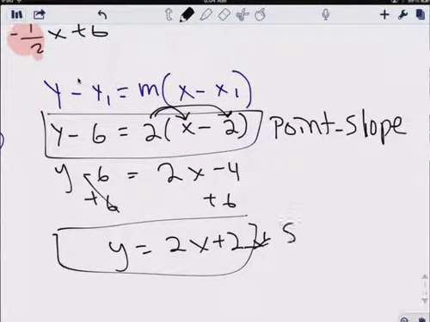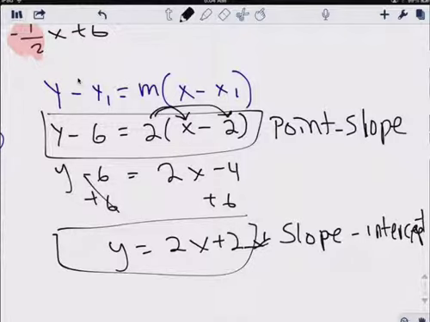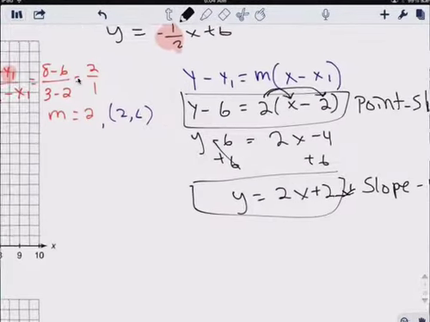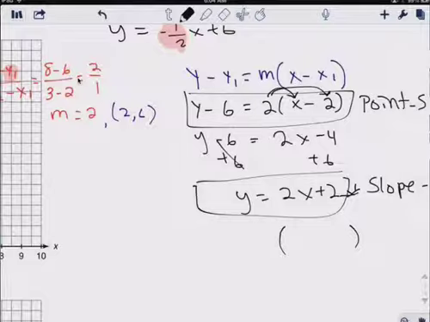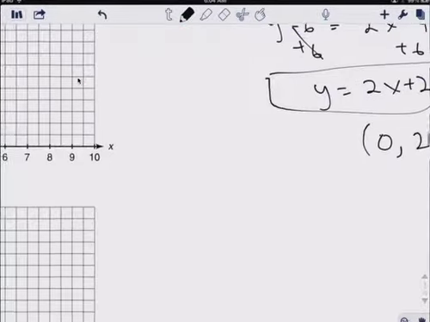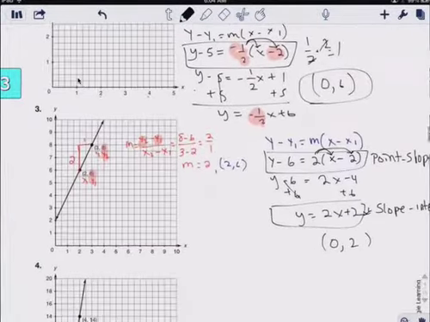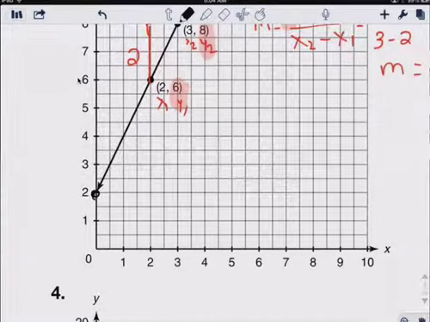This is slope intercept. Okay, read the question though. And my y-intercept is 0, 2. See? Y-intercept 0, 2.